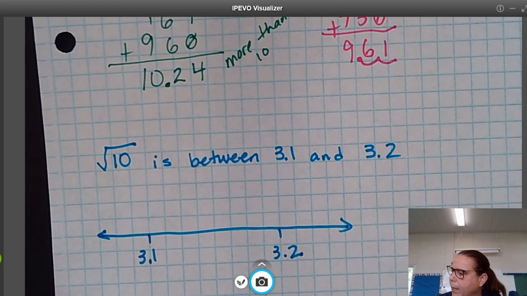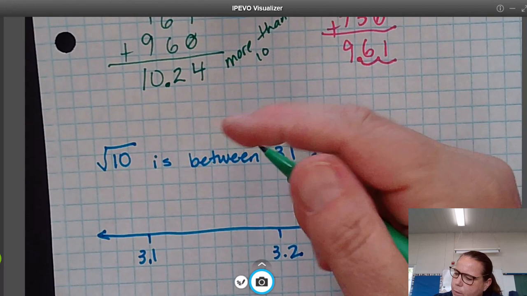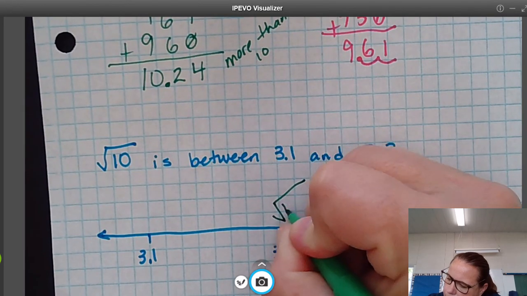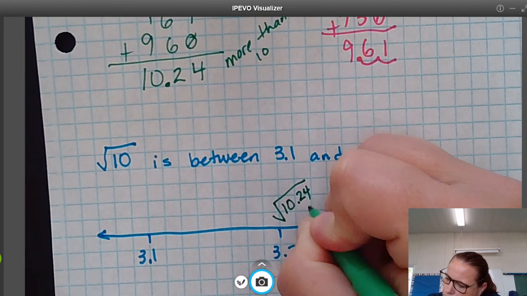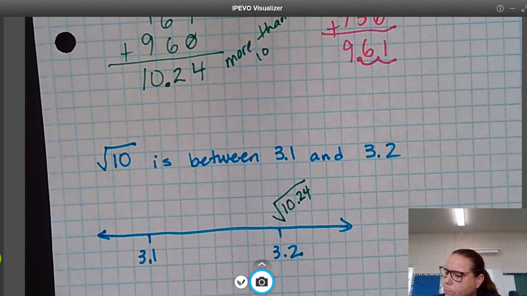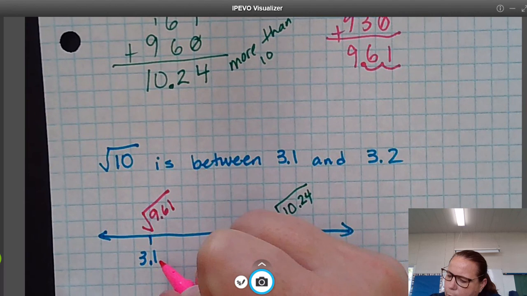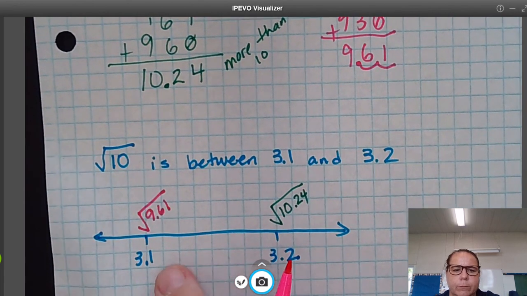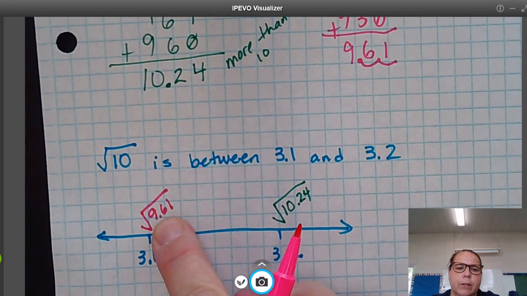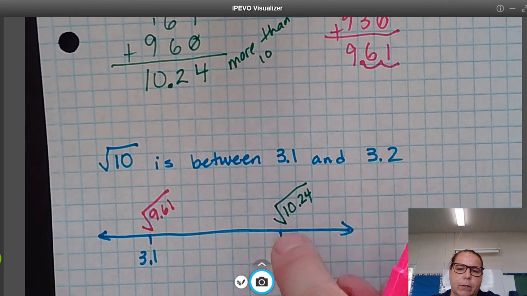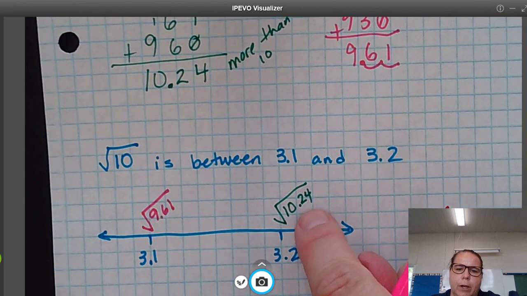Now, when I multiplied those values out, I found out that the square root of 10.24 is 3.2. And the square root of 9.61 is 3.1, right? Because 3.1 squared is 9.61, and 3.2 squared is 10.24.